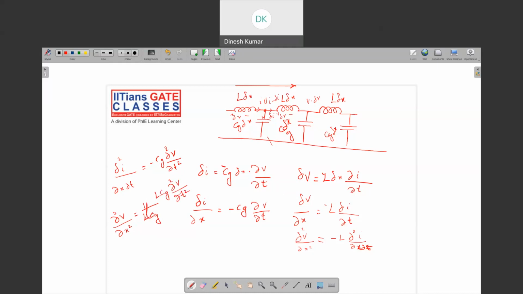If you write like this, we know that 1 by root of L Cg is basically v, the velocity. So if you cross multiply, 1 by v squared equal to L Cg. That means dou squared V by dou x squared equal to 1 by v squared dou squared V by dou t squared.